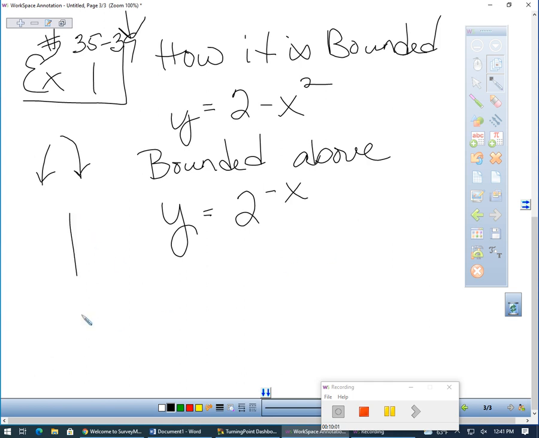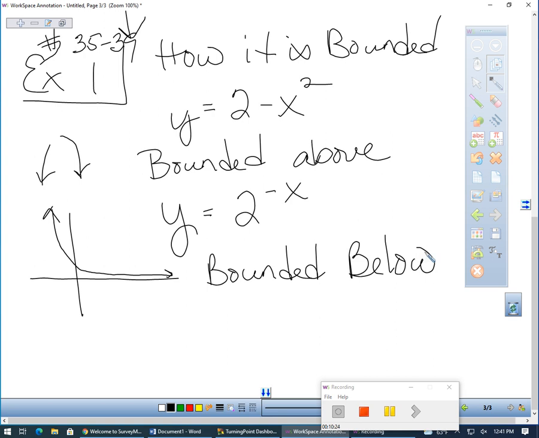Yes, so this one is a graph that technically, yeah, it should do this, right? So it's getting closer and closer to 0, but never ever touches it, right? Bounded below. So it's approaching an asymptote, right? It just never ever gets there.